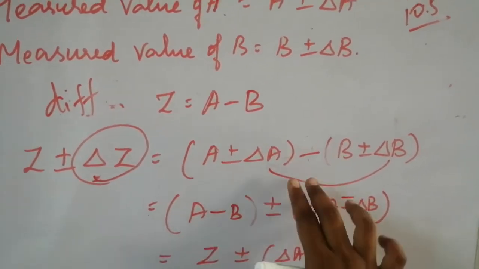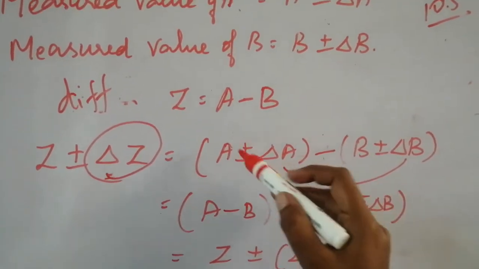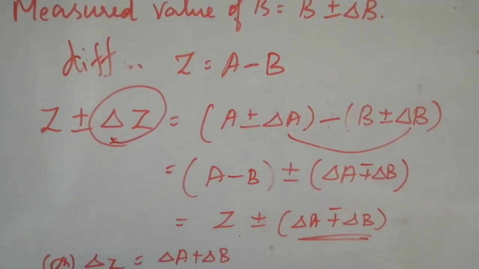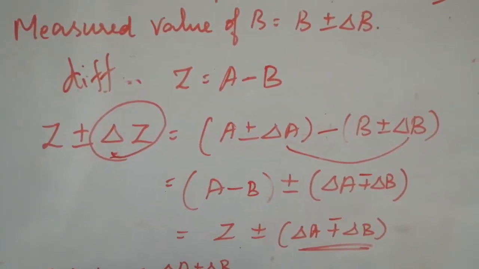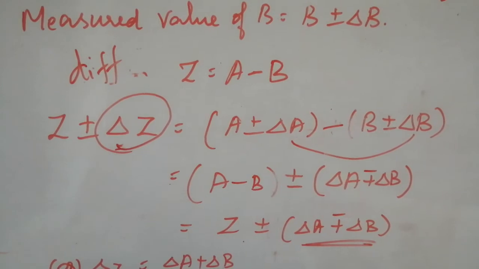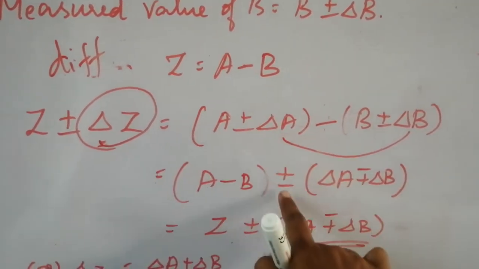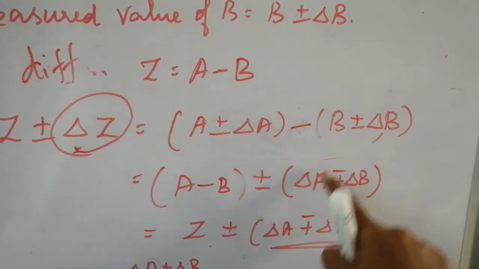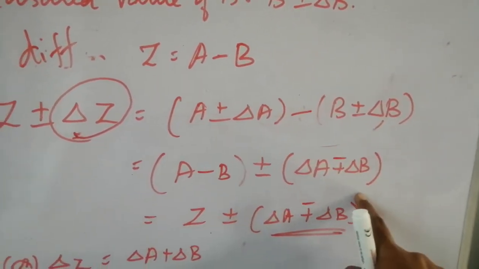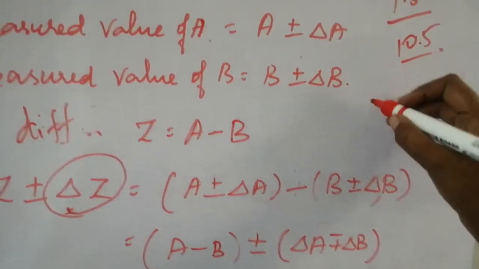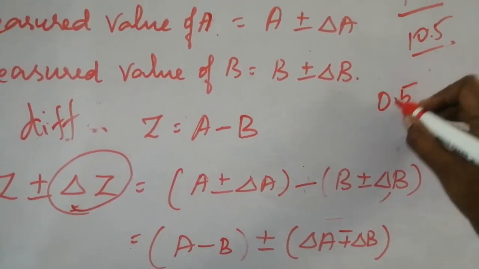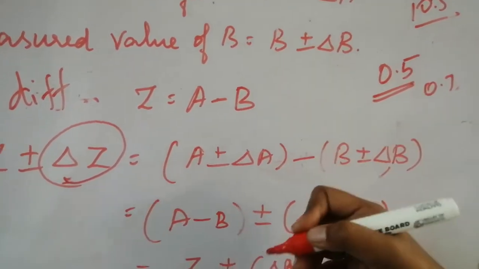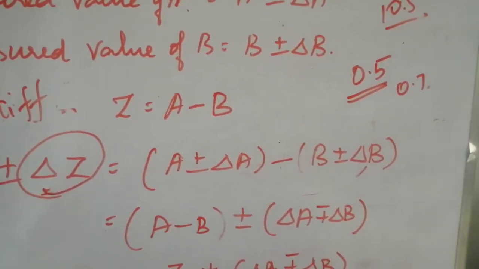This can be written as we did for the sum case. The original values alone, you find the difference separately, because it is the original value. You can just find the difference directly. So it is A minus B, and then plus or minus, del A minus del B. But in this case for the error value, see, if I have an error of 0.5 in the first value and 0.7 in the second value, how much is the total error?